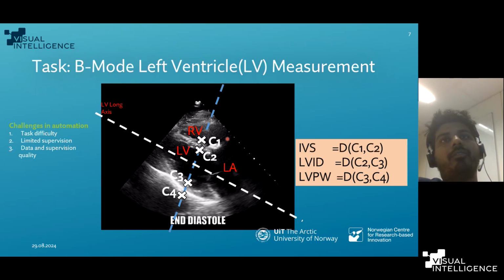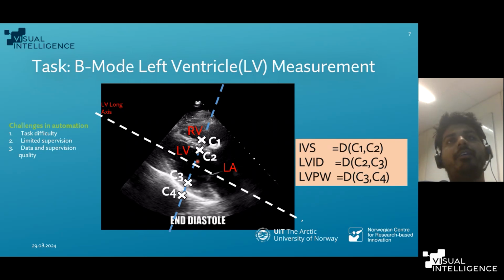As I mentioned, in the whole echocardiography video there are only 2 frames. First, a human needs to identify the end systole and end diastole frames, which are called anchor frames, then assign 4 landmarks properly, and then perform the measurement.